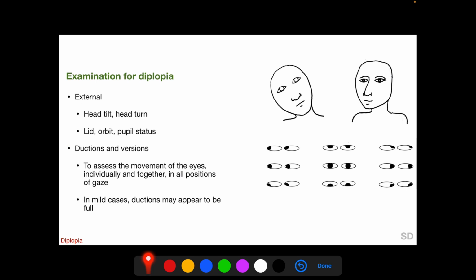We must assess the movement of the eyes, both individually for each eye, which we call duction testing, and also both eyes together, which we call version testing, in all diagnostic positions of gaze. And in mild cases, the ductions may appear to be normal.